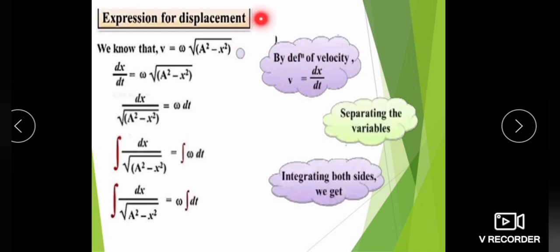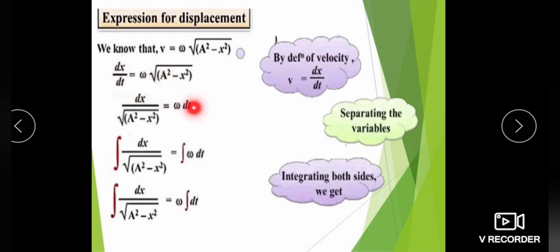Let us find out the expression for displacement at any position. From velocity v is equal to dx upon dt, after integration we will get x, and hence write v is equal to omega square root of a square minus x square. Write v as dx upon dt. Rate of change of displacement is equal to omega square root of a square minus x square.